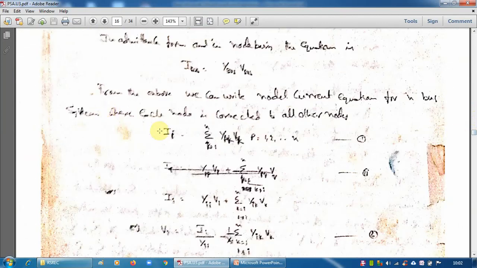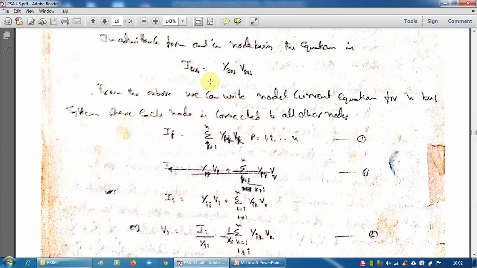Generalized form: I equal to Y1 V1 plus Y2 V2, so on up to n. In summation, by using sigma, the same thing is written like this. Here we represent this is I, this is K, not appearing clearly. This is K equal to 1 to n.